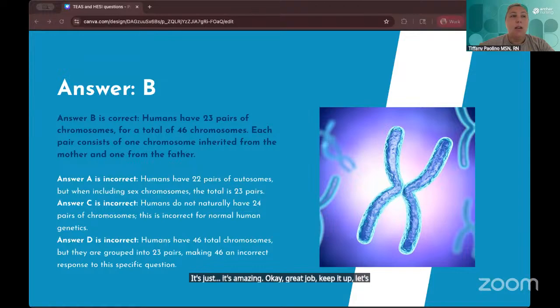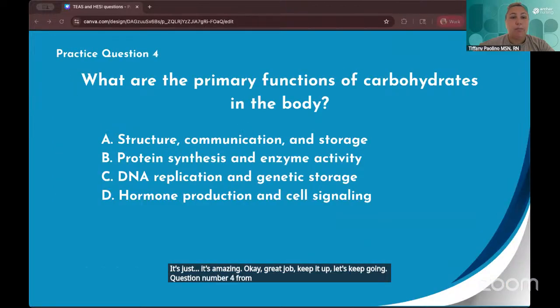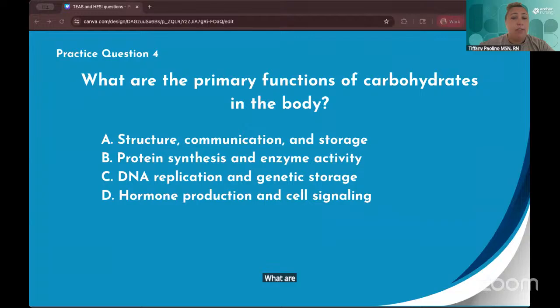Let's keep going. Question number 4 from HESI. What are the primary functions of carbohydrates in the body? What do carbs do in the body? What's their primary function?